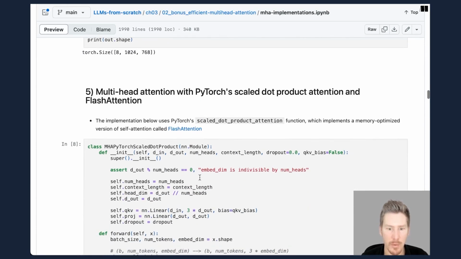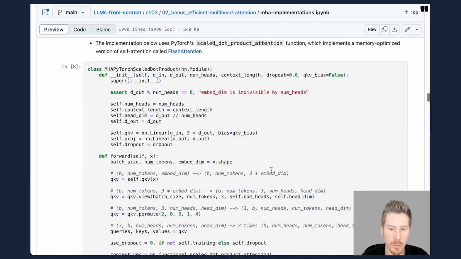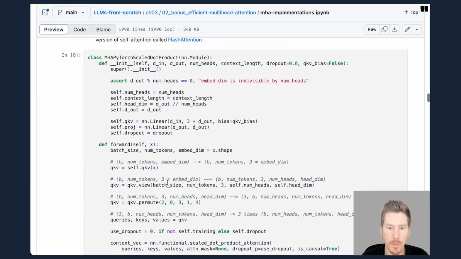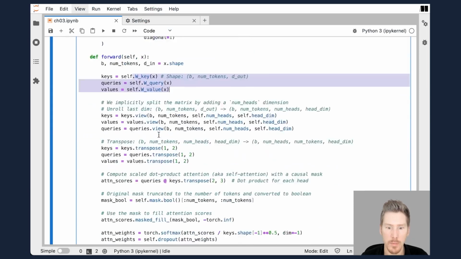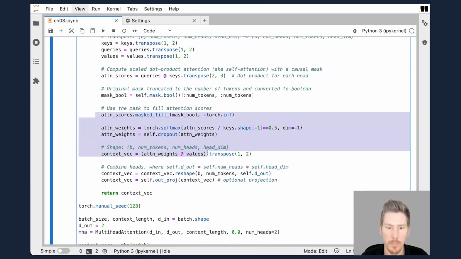Then here is PyTorch's scaled dot product attention. So this is a PyTorch official implementation of the attention mechanism. So I'm using it right here. So instead of me performing the attention score calculation and so forth, this is replacing the part down here.